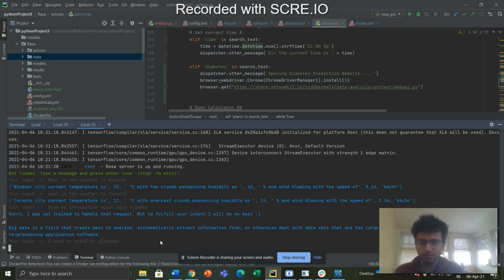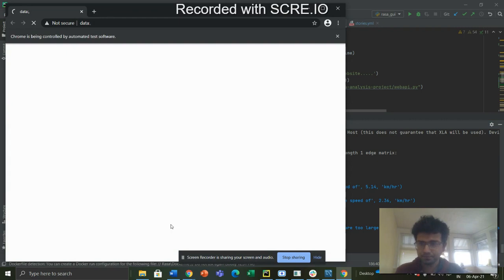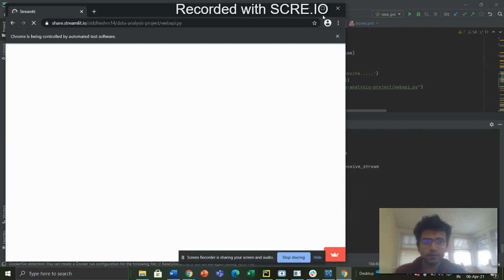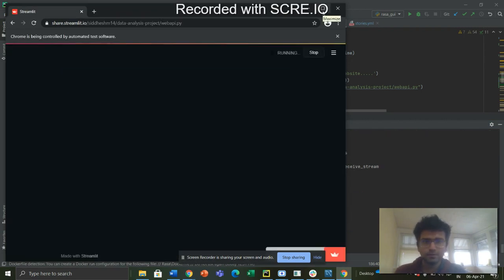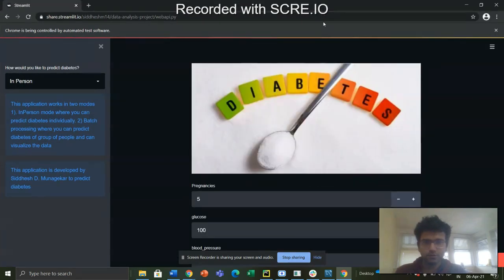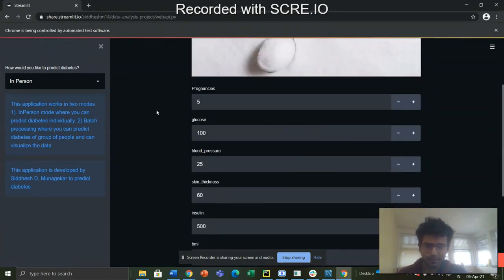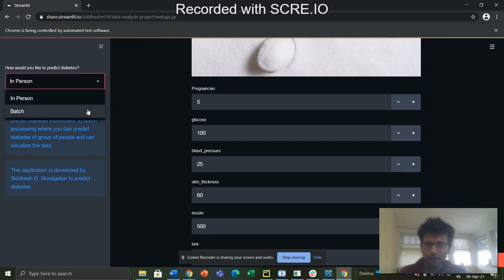The bot will open the diabetes prediction application, which is public, and this application basically works in two modes: in-person delivery and batch processing.